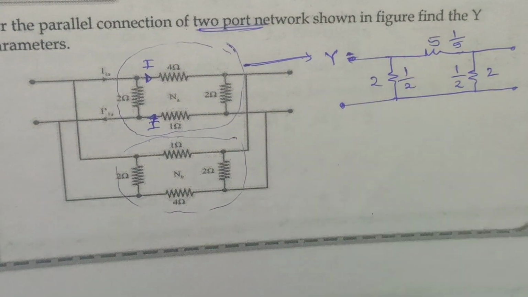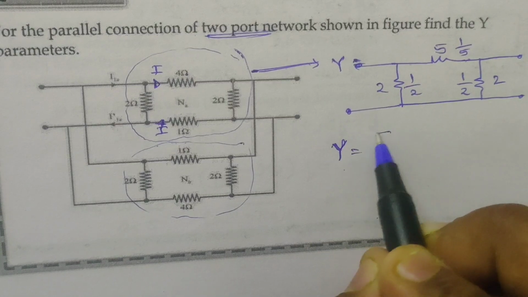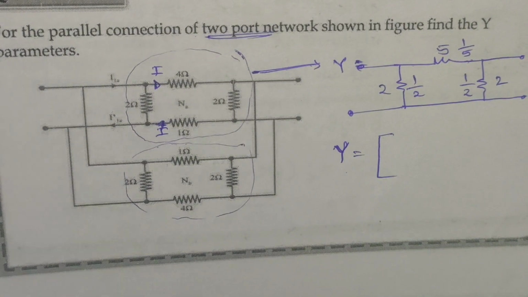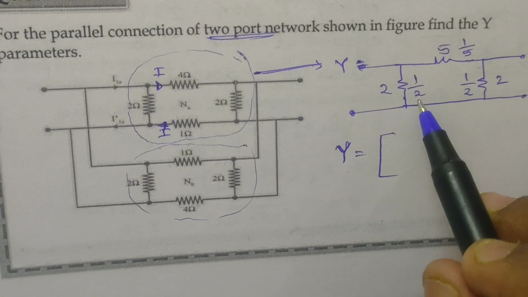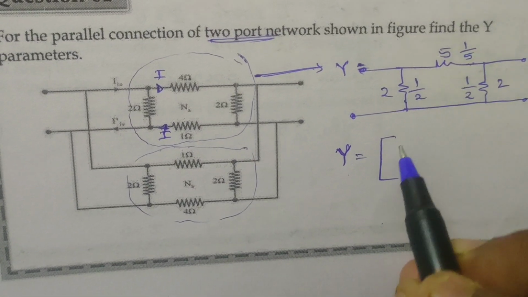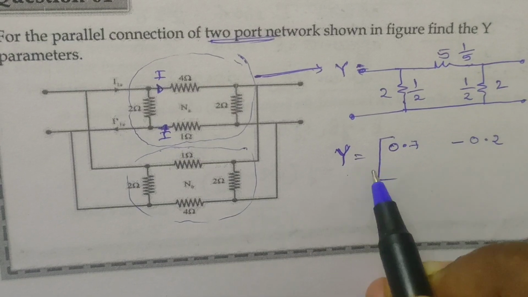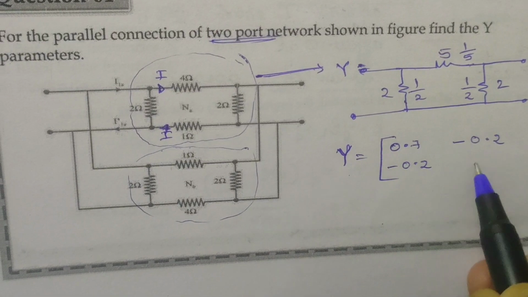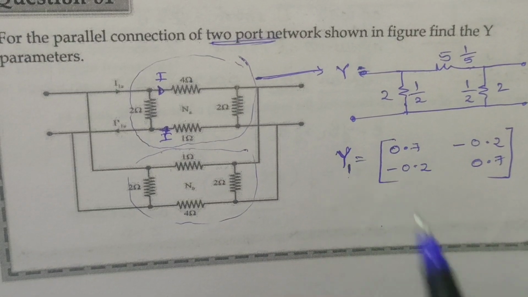Now to write the Y parameters, you must add these two, 1 by 2 plus 1 by 5, 0.5 plus 0.2, this is 0.7, and negative 0.2, and this also negative 0.2, and this is 0.7. This is of the first network.